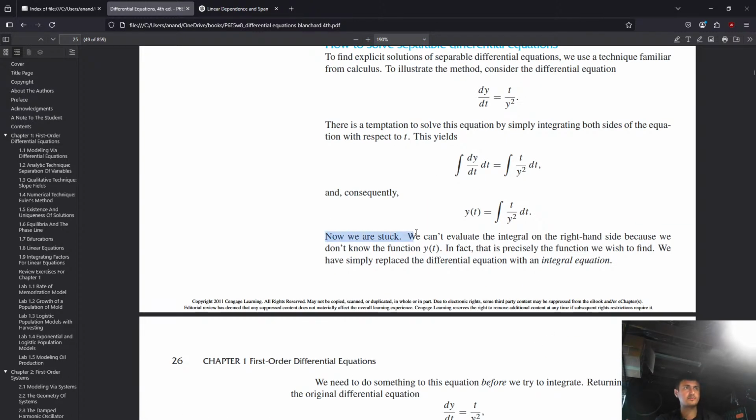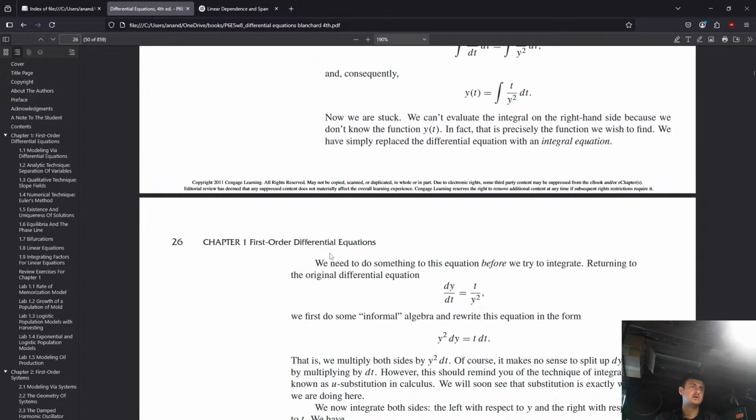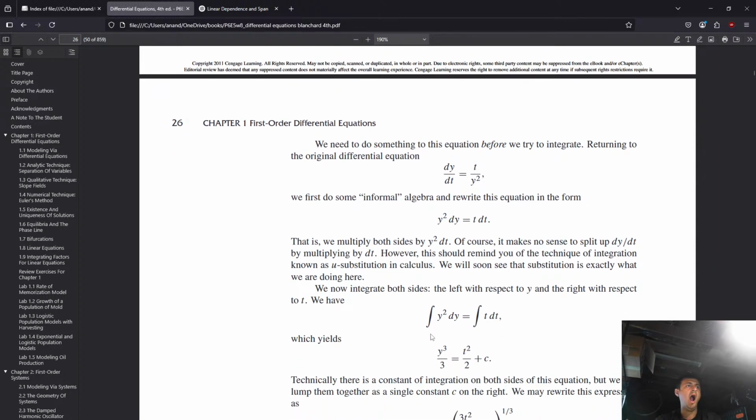Now we are stuck. We can't evaluate the integral on the right-hand side. Okay, we need to do something to this equation before we try to integrate. Okay, so there you go. So you just move the y, and this allows you to separate it out.